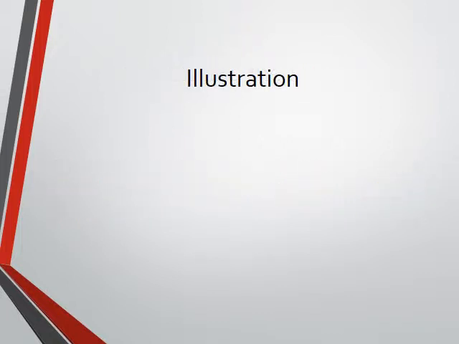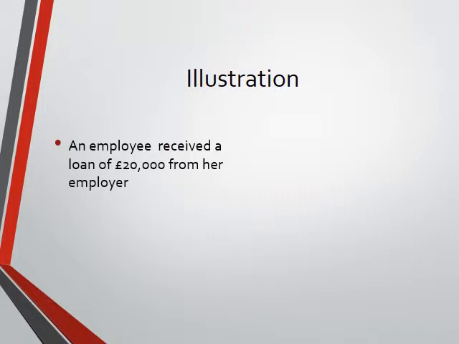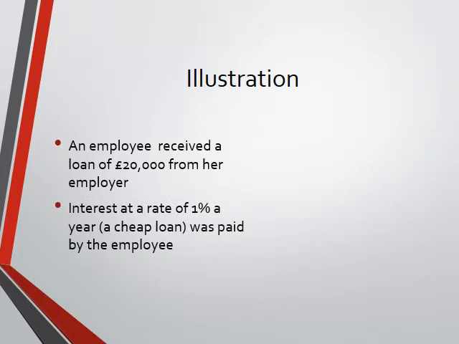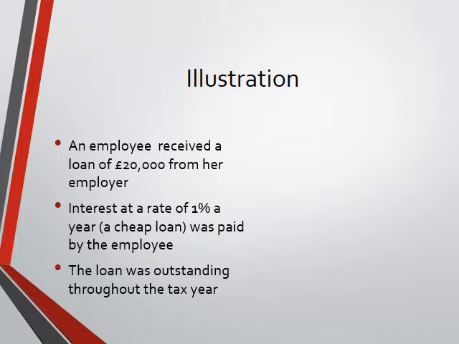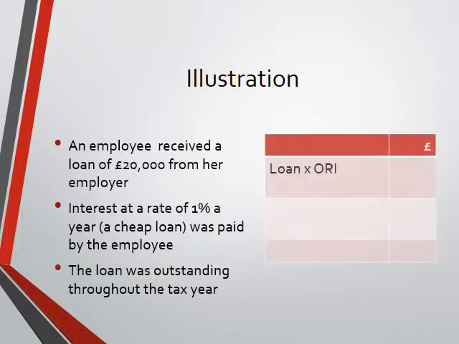So let's have a look at an illustration. An employee receives a loan of £20,000 from her employer, and interest was paid at a rate of 1% by the employee. So we're talking about a cheap loan. And finally we're told that the loan was outstanding throughout the tax year.